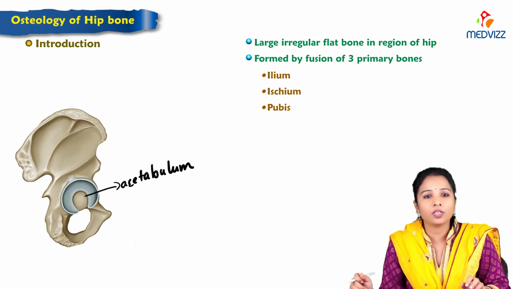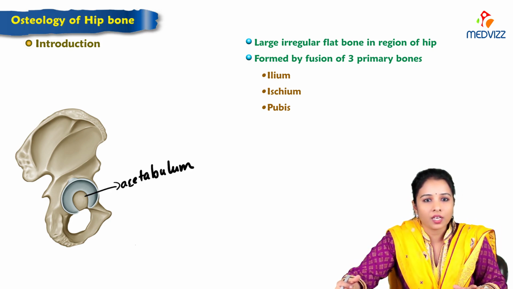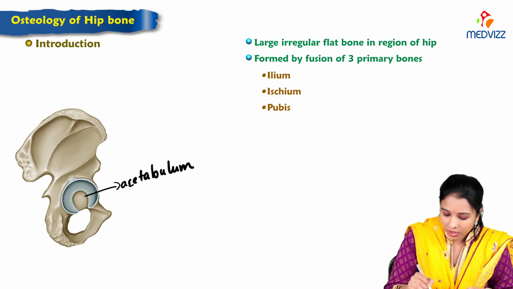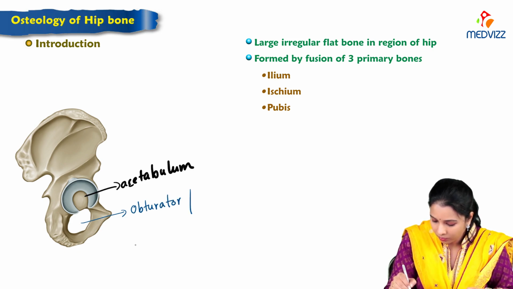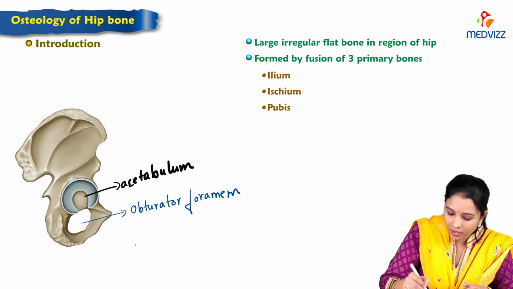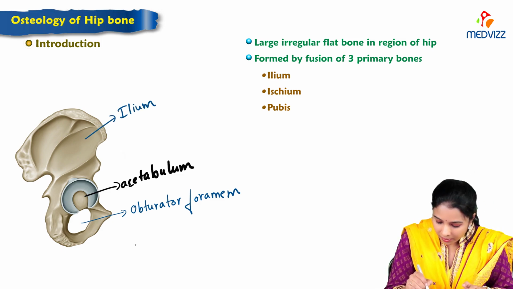So that is about the acetabulum, and the lower expanded part is triangular, having a foramen which is called obturator foramen. And the upper expanded part is the ilium here, and obturator foramen separates.